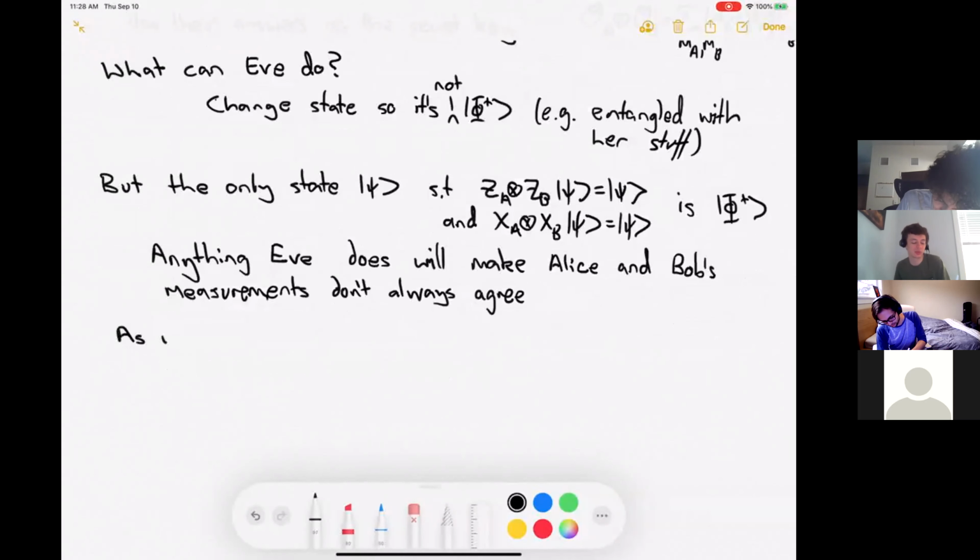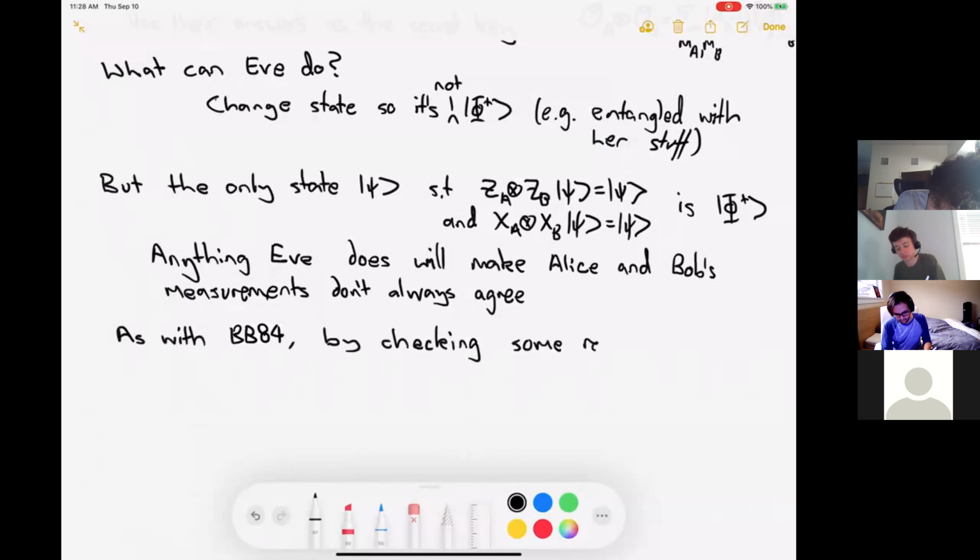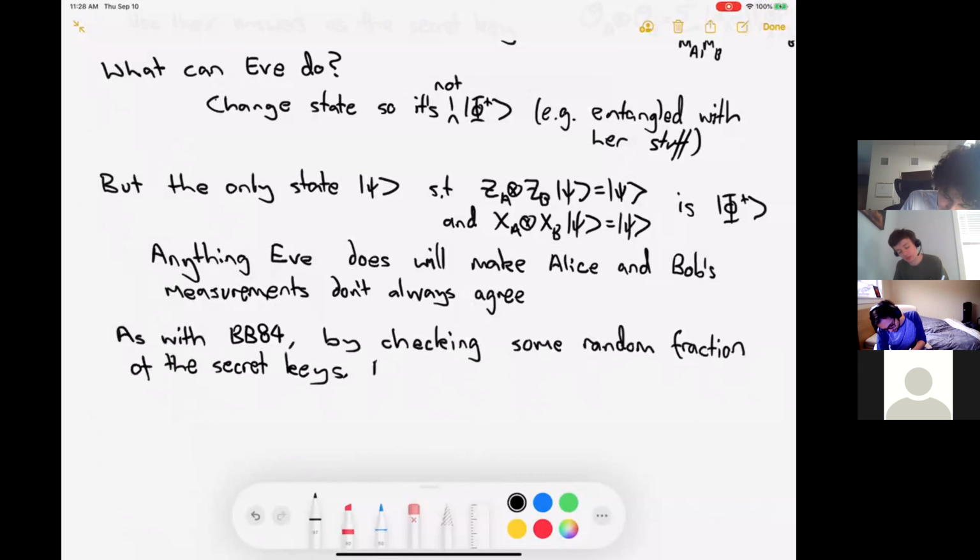That means, as with BB84, by checking some random fraction of the secret keys, Alice and Bob can detect Eve's influence.